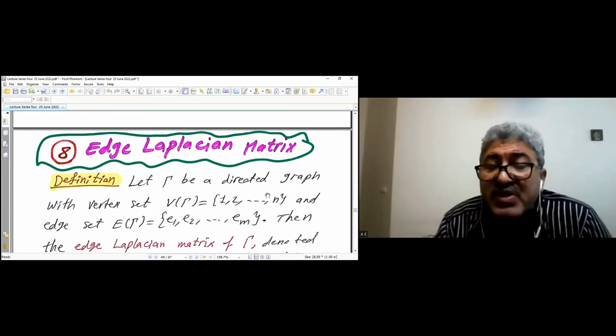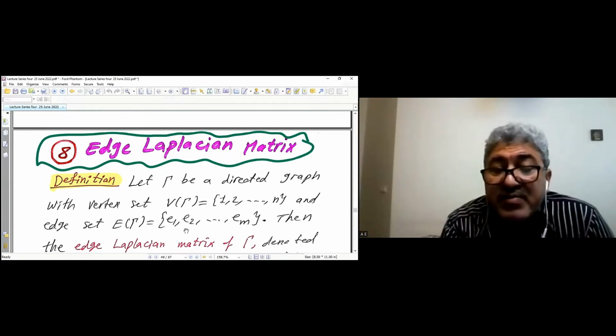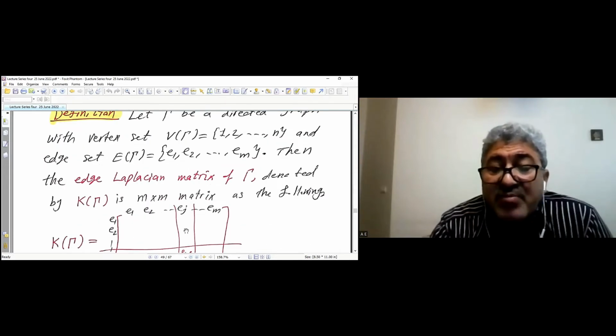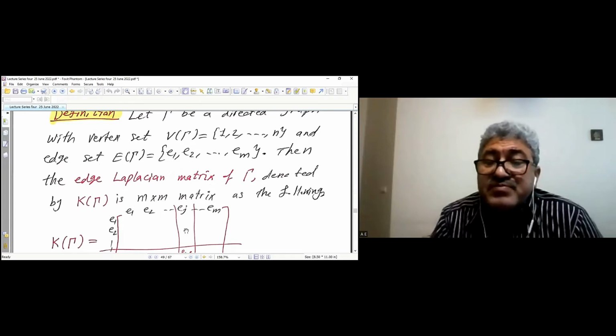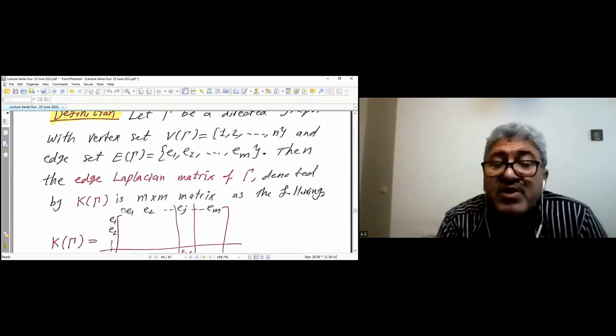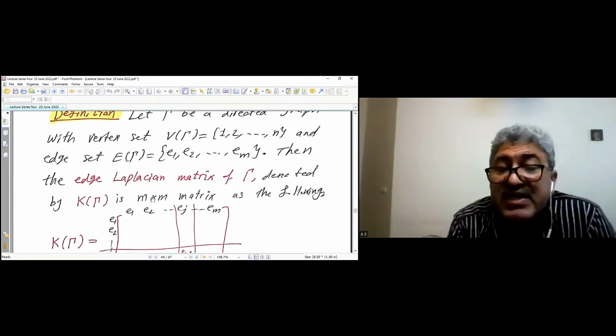We have n vertices, 1, 2, up to n, and m edges, E1, E2, up to Em. The edge Laplacian matrix of gamma, we may denote it by K of gamma, is an m times m matrix. You can see here is a different size: m times m, where m is the number of edges.